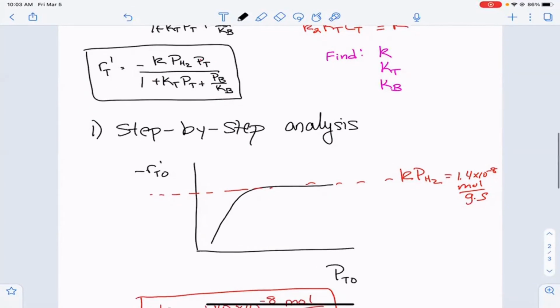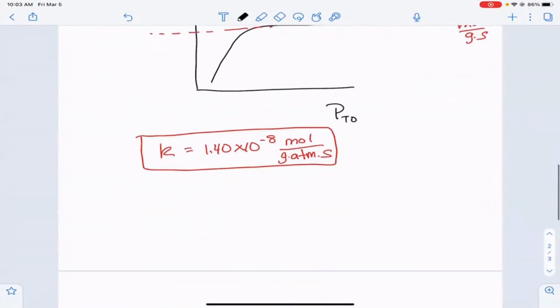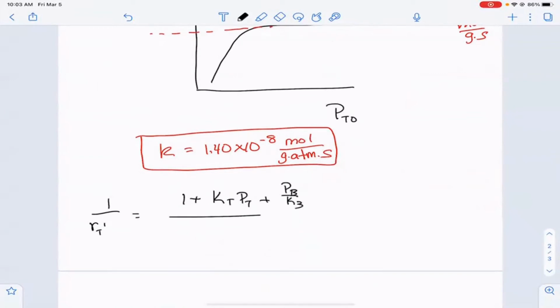If I do that, I get 1 over RT prime equals 1 plus KT PT plus PB over KB, divided by the numerator, which was K times the pressure of hydrogen times the pressure of toluene.